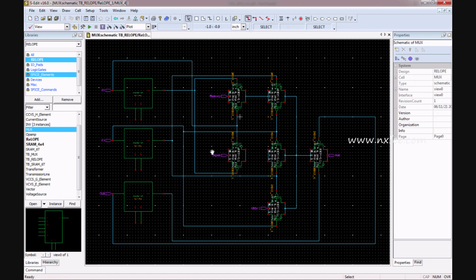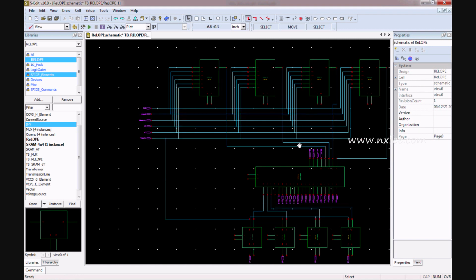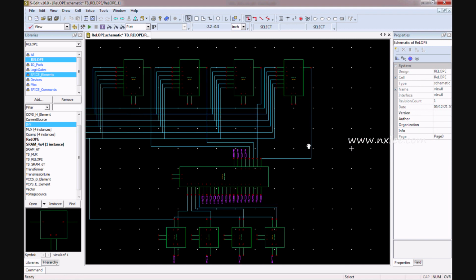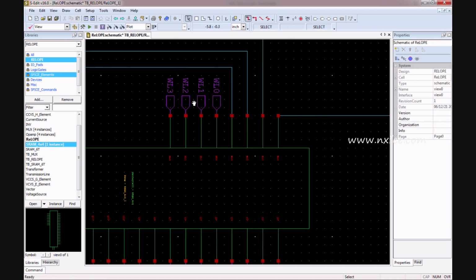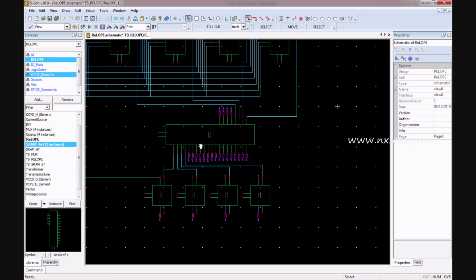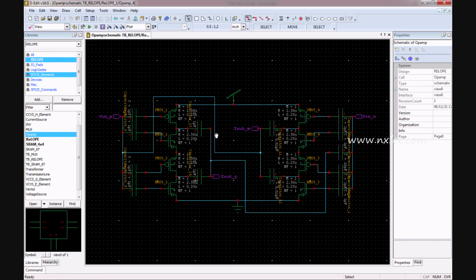This is a multiplexer and this is an inverter. Once the data is loaded, the multiplexer will provide the data to the memory, and the write line is given separately. After the memory output, we give the data to the operational amplifier.